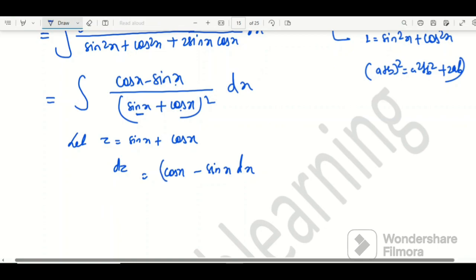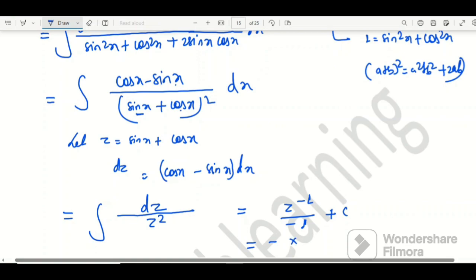Now I will replace cos x minus sin x into dx by dz. It will be 1 over z square, and the integration of it will be z to the power minus 1 divided by minus 1, plus c, and the value of z is sin x plus cos x, plus c is our answer.